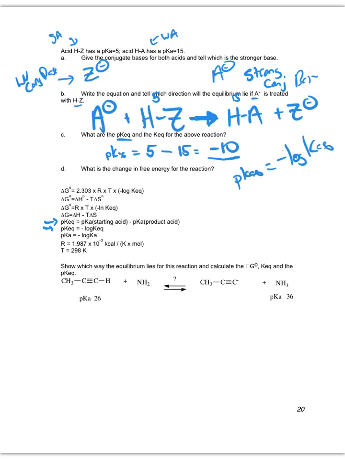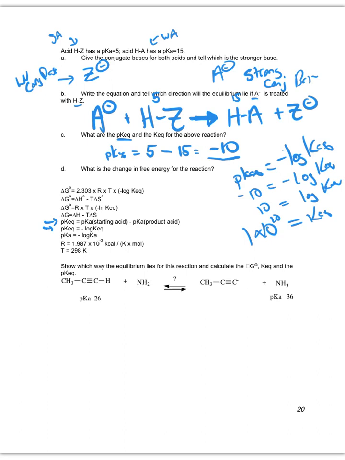So what do we know about this? We know the pKeq, negative 10, is equal to negative the log of Keq. So we can change the sign on both sides and get 10 equals log of Keq and take the inverse log of that, and we get Keq equal to 1 times 10 to the 10th.